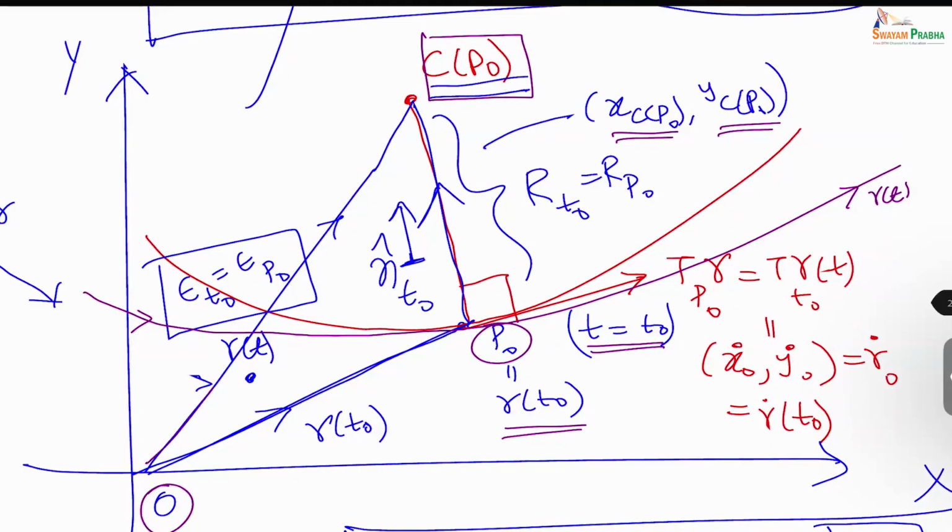So you have this vector, which is the position vector of C p naught, and p naught is supposed to be at t equal to t naught, okay. That vector I have called epsilon sub t naught, or epsilon sub p naught, and the reason I have used epsilon is because that is the position vector of the center of curvature. As the point moves on the curve, depending on how the curve is curving, the centers of curvature will also move, and they will trace a locus, and that's called the evolute.